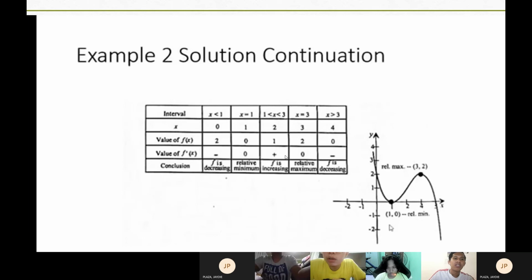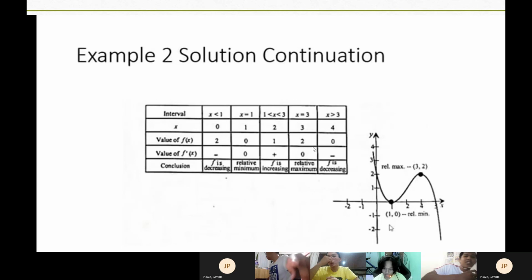Nangyari sa mic mo, bro. May problema? Ulit kaya mo, nung okay na. Yung mic mo kanina. Saan part? Doon lang sa may part na doon sa may value of f prime x na yun.